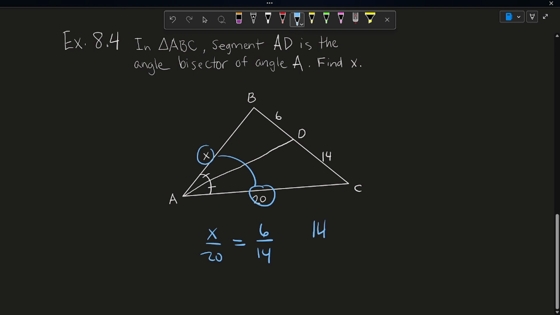We'll end up with 14x equal to 120. 14, 14, those are gone. X is now equal to 60 over 7. We're done. X is 60/7.